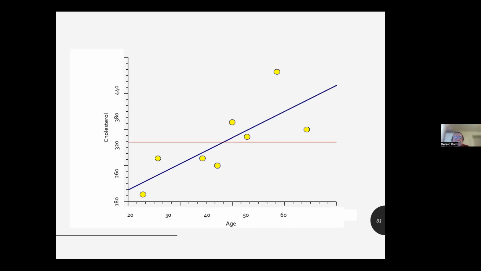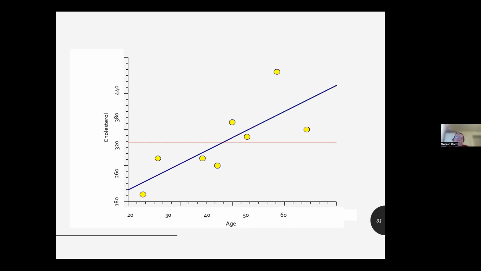So in this case, we're going to look at one variable as having an effect on the other variable, or in other words, we're going to look at one variable as a function of the other. In this case, we're going to look at cholesterol as a function of age.